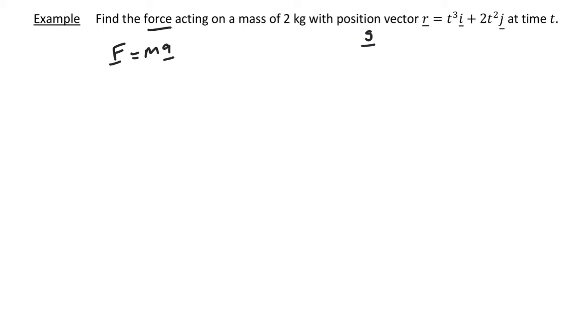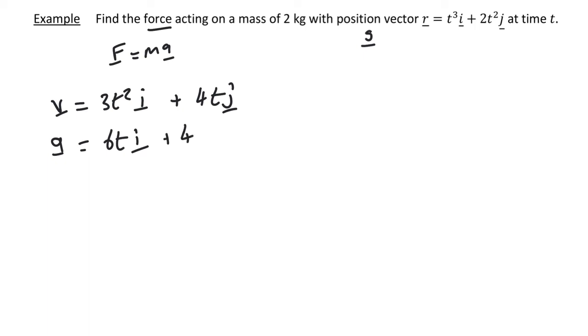So to get from s to a, we've got to differentiate twice. So v is going to be the differential of r, so that's going to be 3t squared i plus 4tj, and then a, differentiate again, we're going to get 6ti plus 4j.